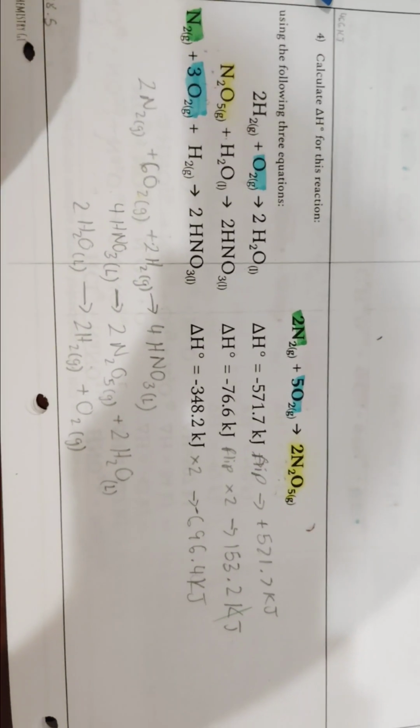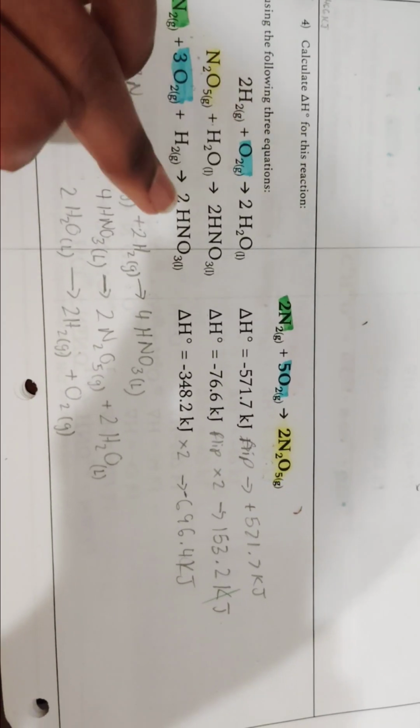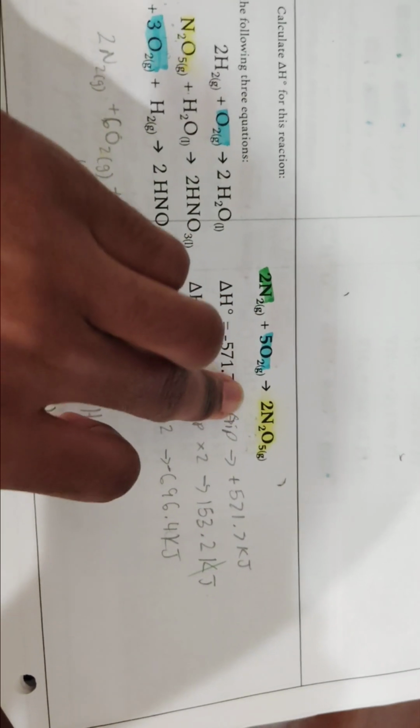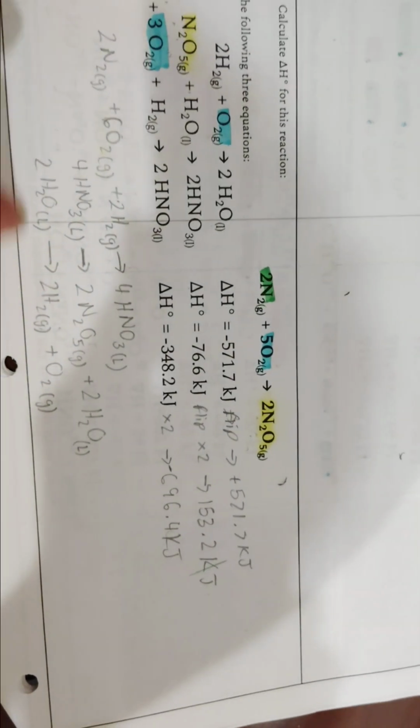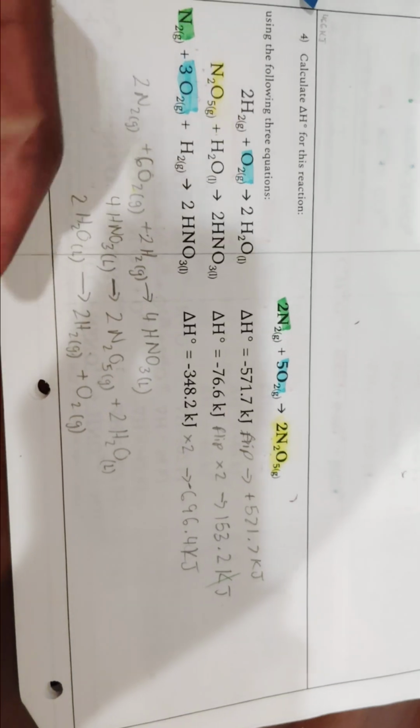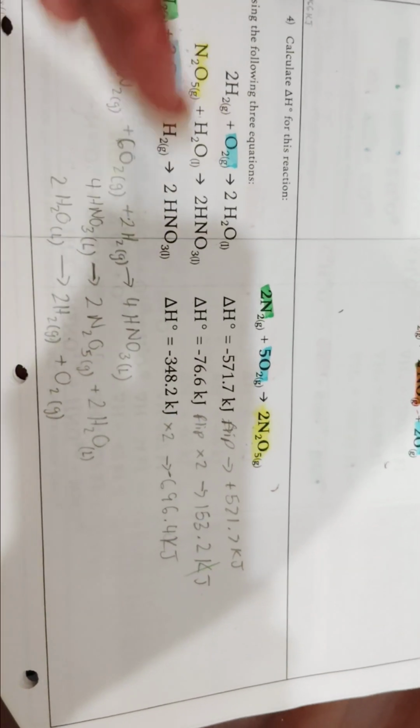Now we're going to highlight the elements that we need up here in this equation, and see what we have so far. Then we'll do subtractions to see if we can cancel out any extra things that don't need to be in this problem.